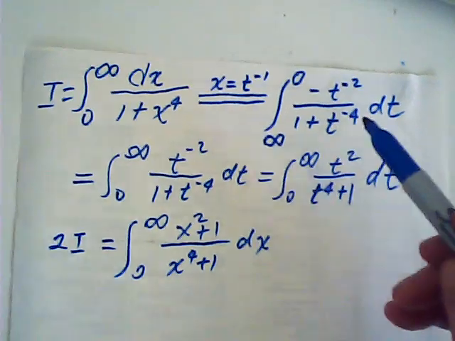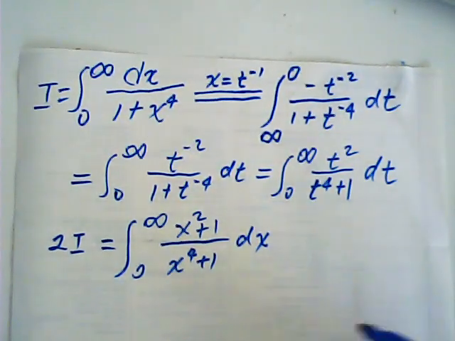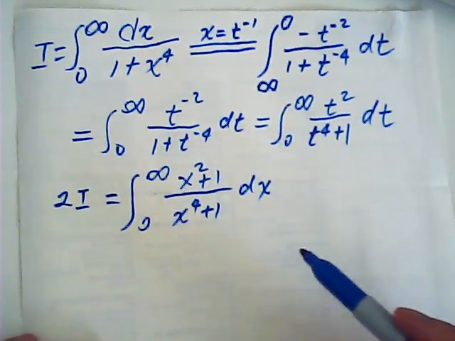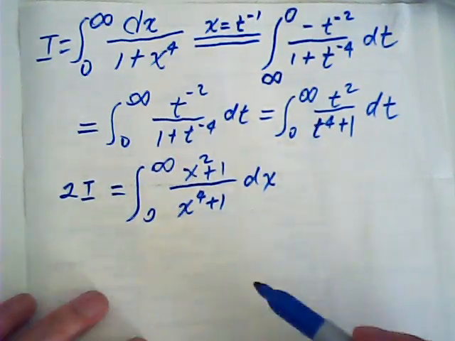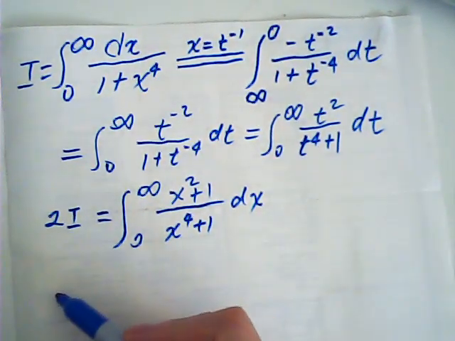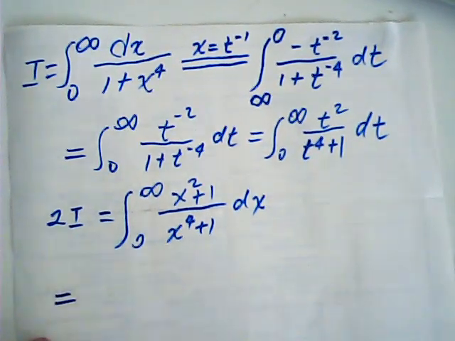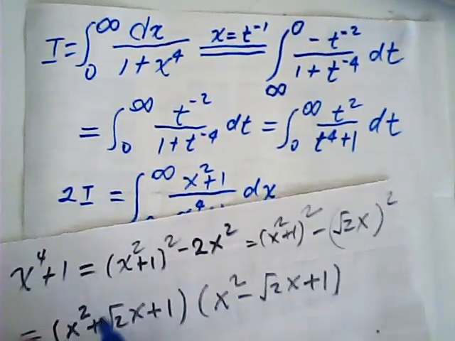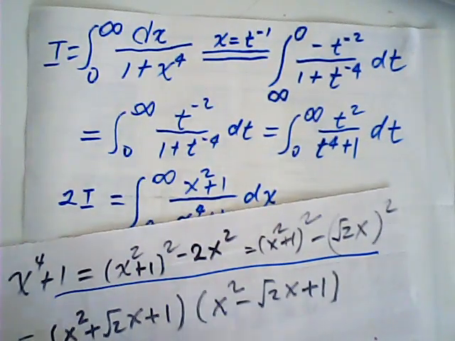Now, instead of doing I, I'm doing 2 I's. It's a little better than the method I mentioned before. Now, this one is equal to, well, we can factorize this one to this, right?